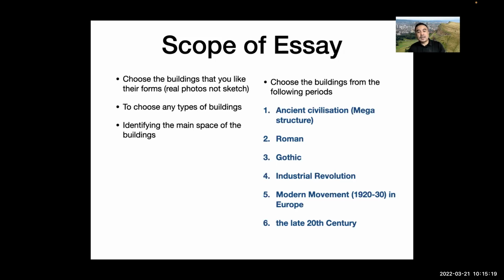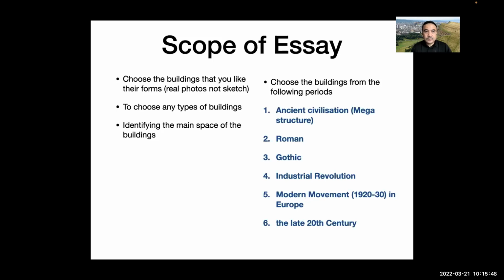And in the late 20th century, just about before you were born, a lot of advanced buildings with steel, tensile structures and glass were built. So you see the development of structure from these six periods.